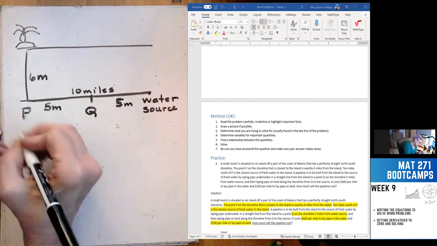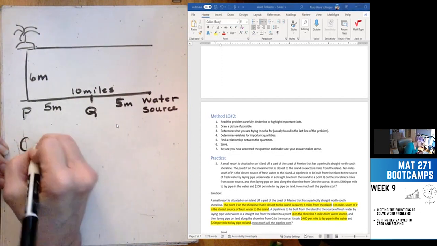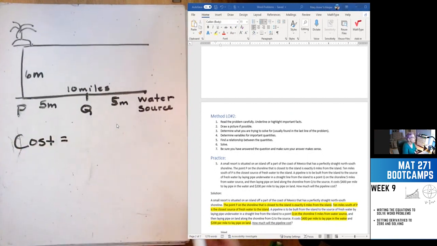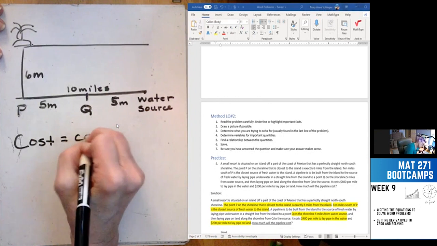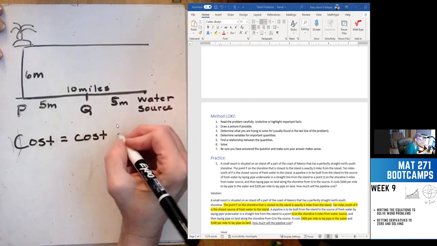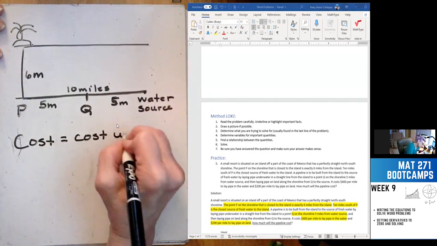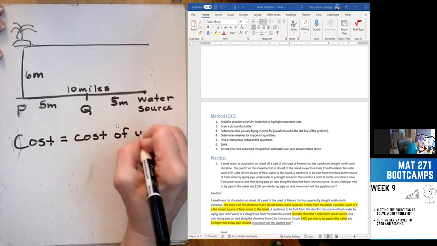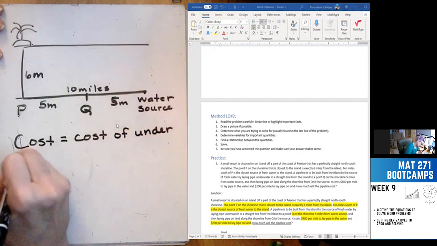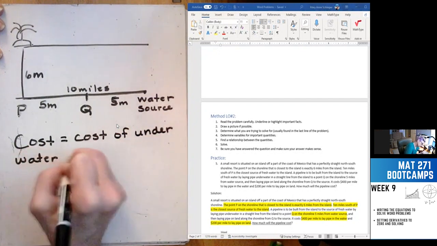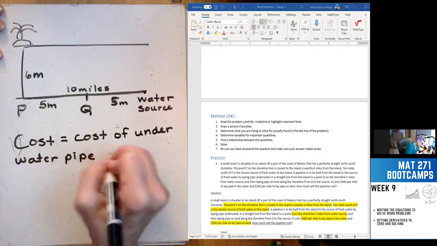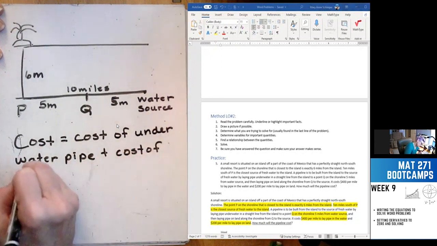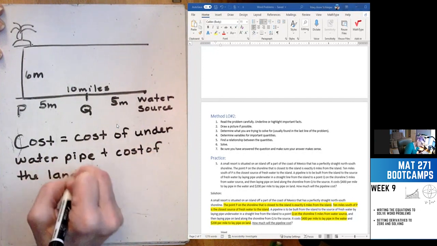So that means our goal is a cost formula. And our cost formula is going to be the cost of the pipe underwater, so we'll call that cost of underwater pipe, plus the cost of the land pipe.